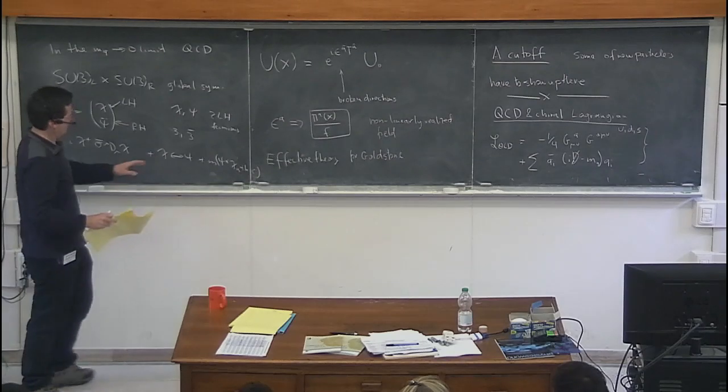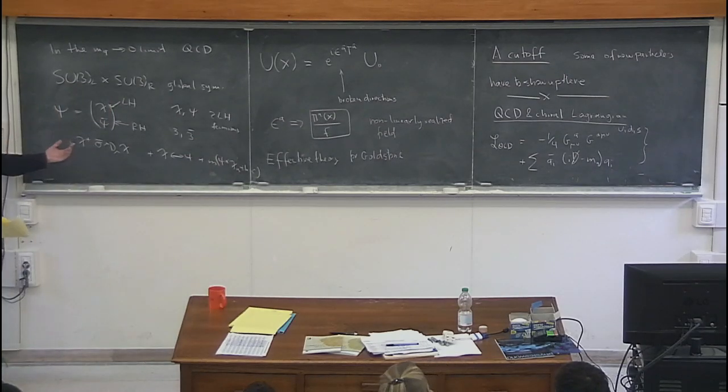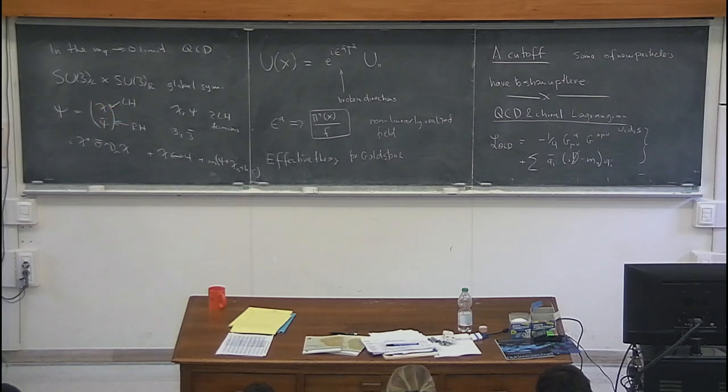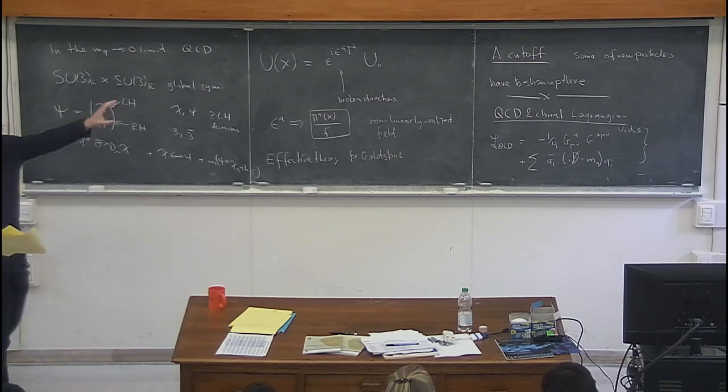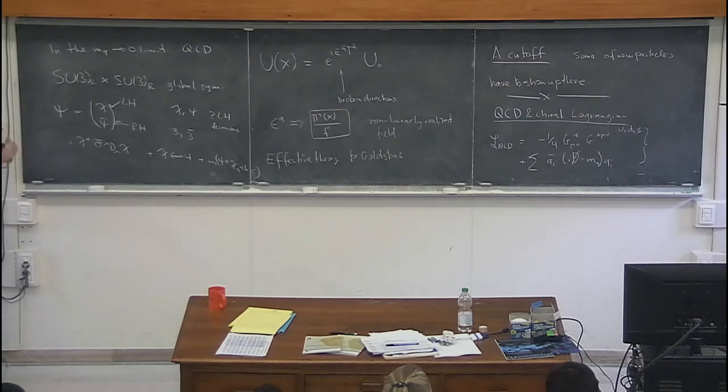So in the limit when the mass goes to 0, I will have the 3 left-handed fundamentals of QCD, the up, down, and strange left, and you can mix them among each other with an SU(3)_L symmetry.